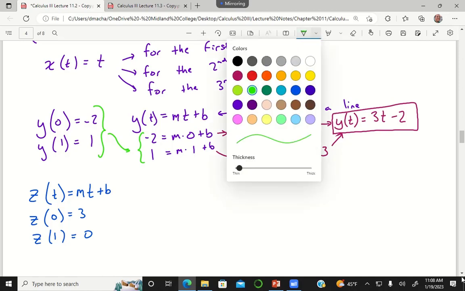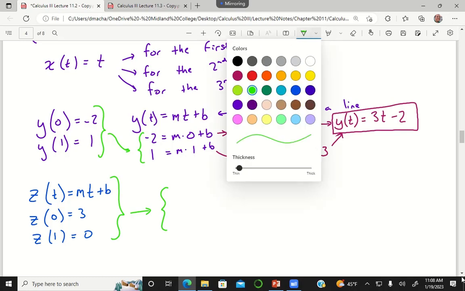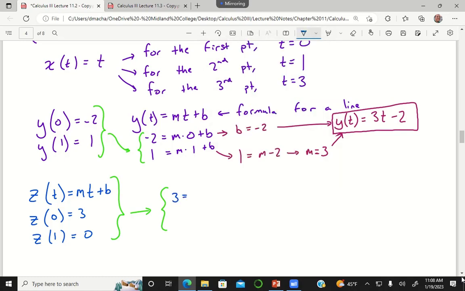Okay? So just like before, we're going to write a system of 2 equations. And it's going to look like 3 is equal to m times 0 plus b. And then 0 is equal to m times 1 plus b.